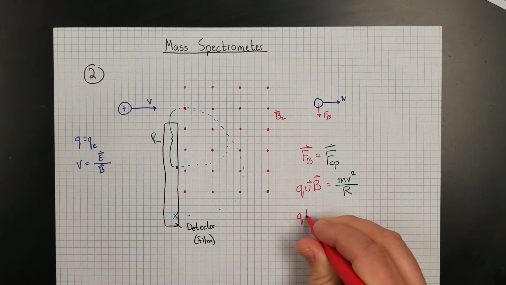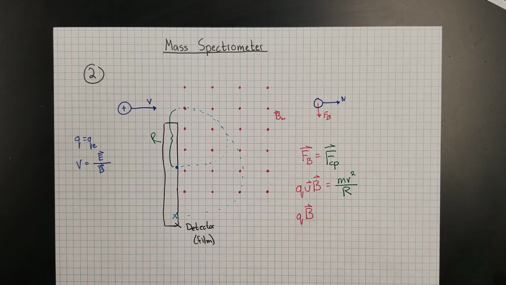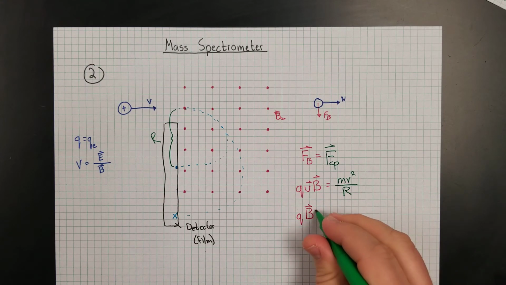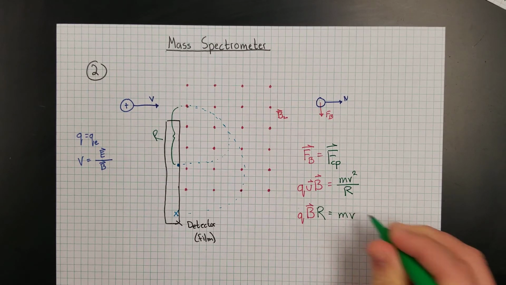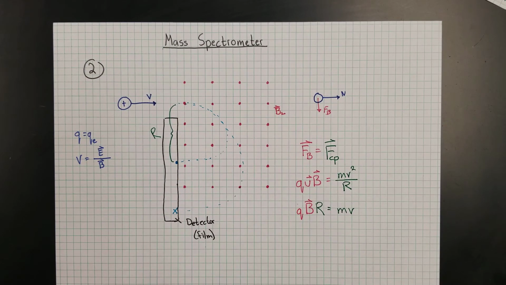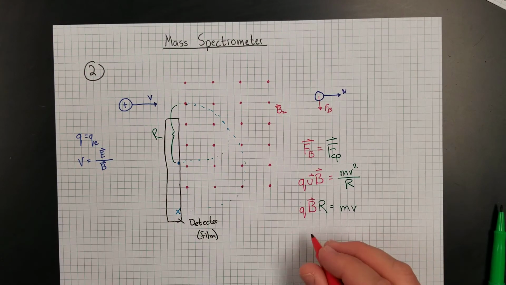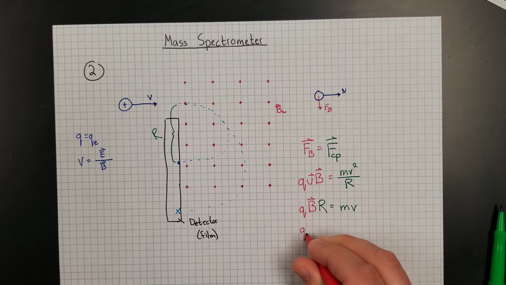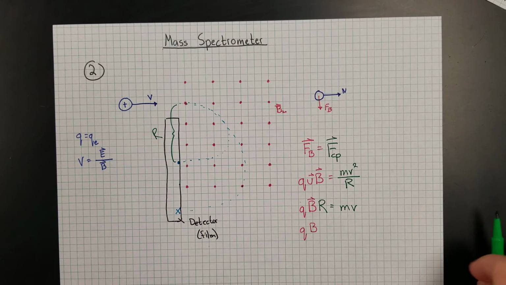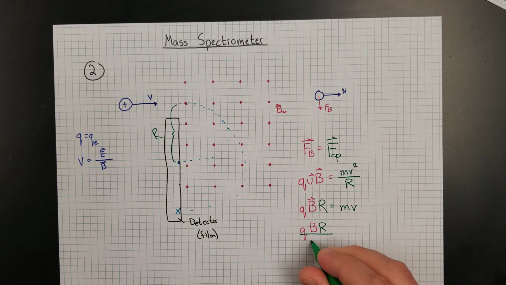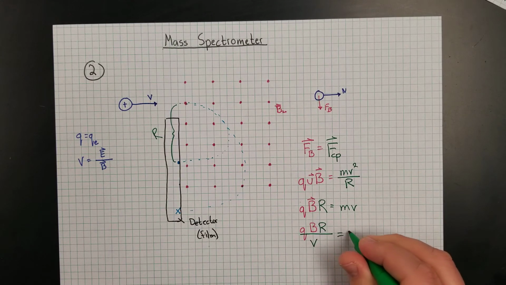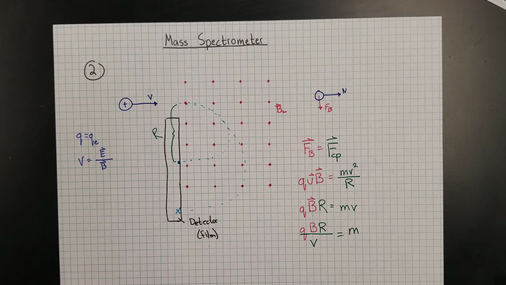So we can say q times B, and then multiply both sides by R, get rid of the fraction, equals m times v. And so we could just divide both sides by v to get the mass. So qBR over v equals the mass.